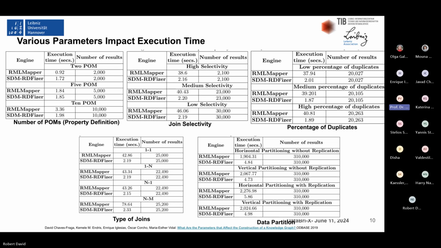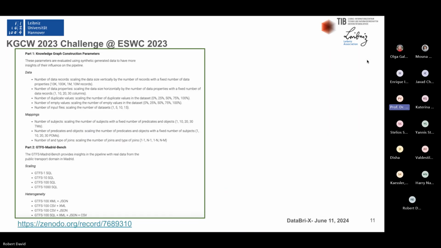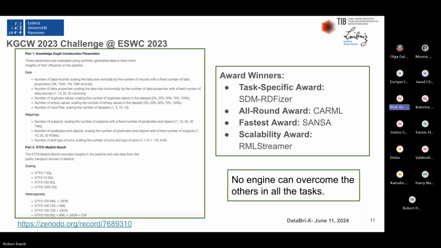That means that the engines are impacted by the complexity of the data integration system. Just to give you an example, every year in the context of the Extended Semantic Web Conference, there is a challenge in the workshop on knowledge graph construction.